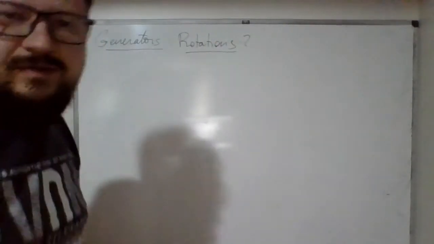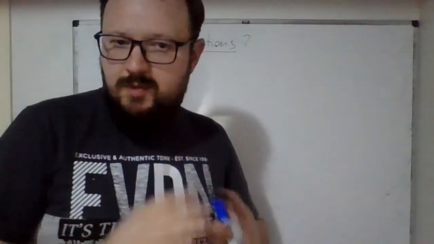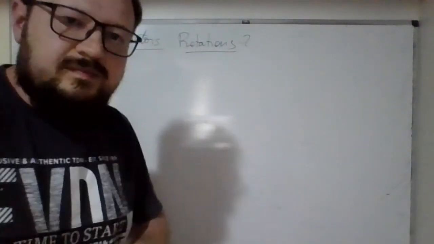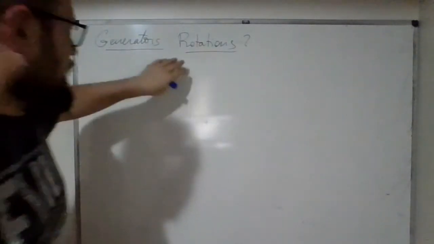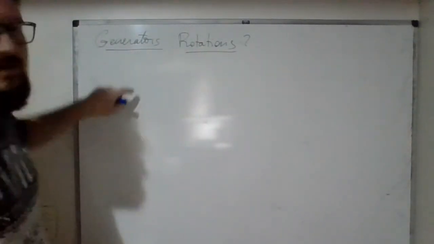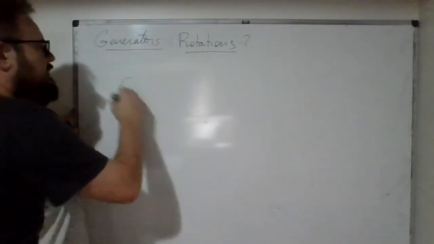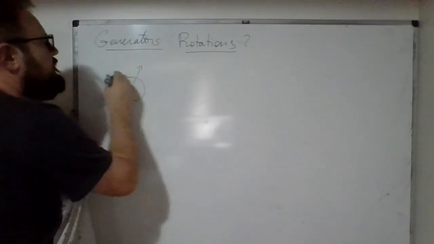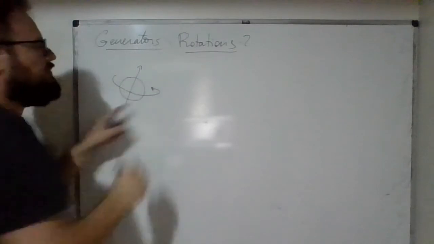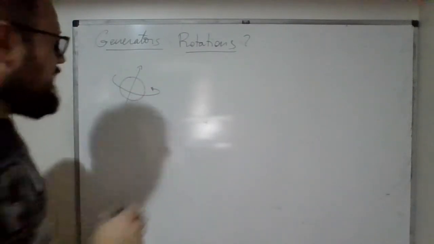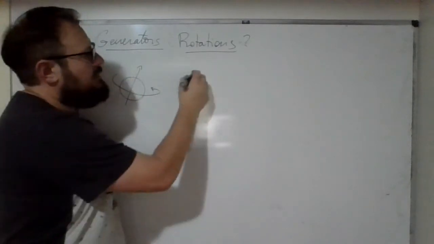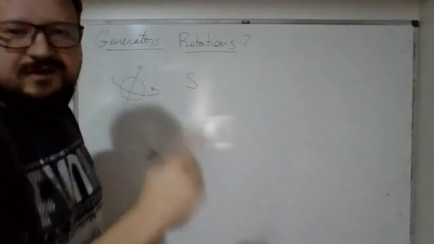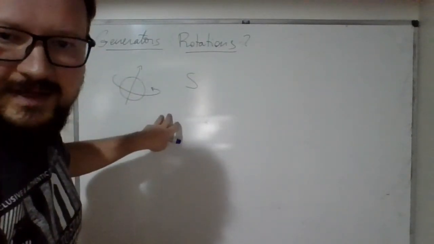What are generators? We'll discuss that a little more, but just to remember: if you consider a rotating sphere, it has some intrinsic angular momentum, which I'll call spin of that sphere. Think classically here.